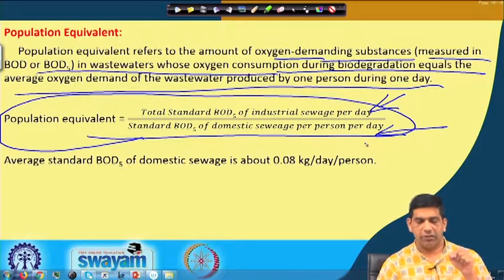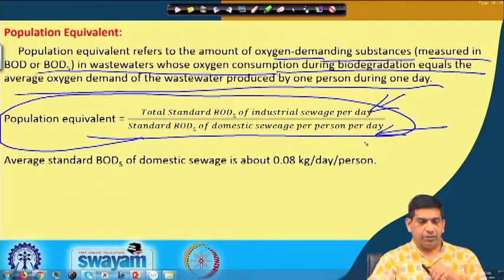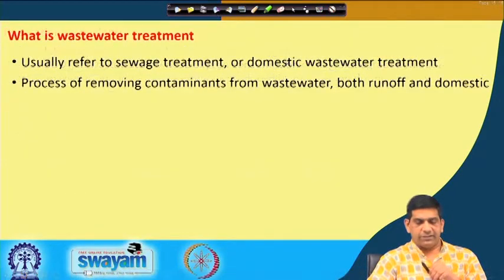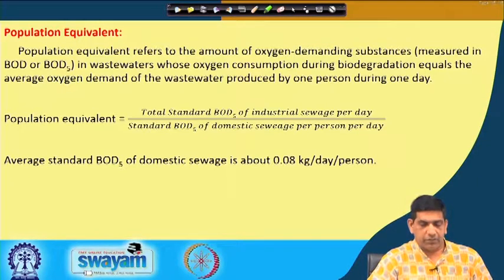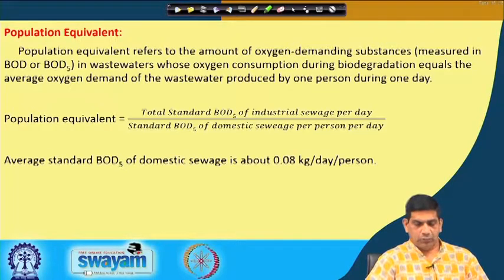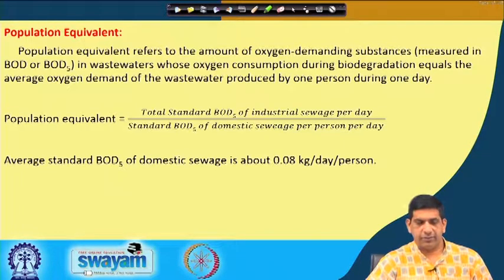The average standard is around 0.08 kg per person per day. That gives some idea about how much loading is coming from the organic effluent, which is coming from municipal sewage sludge, industrial wastewater and all that.